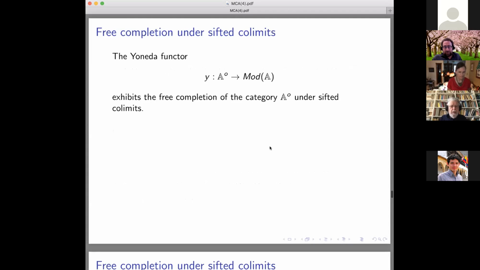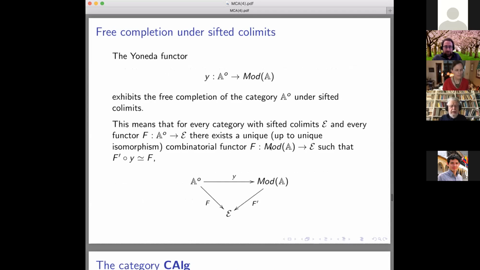Now you could take a category and complete it under shifted colimits. Actually, the unit functor from A-up to mod A is the free completion of A-up under shifted colimits.